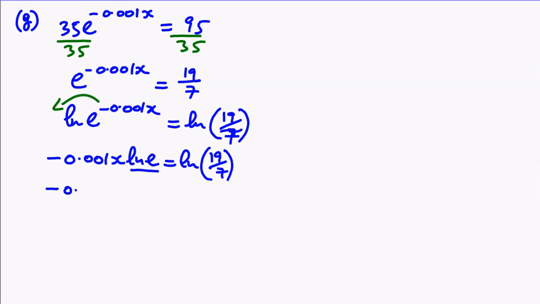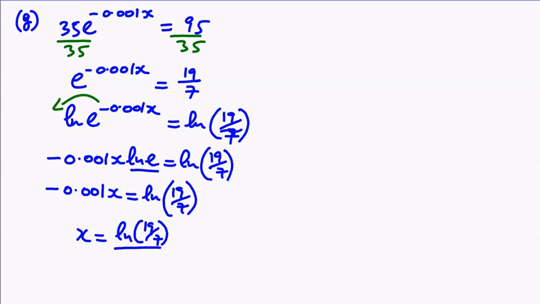So negative 0.001x is equal to ln 19 over 7. So x will be ln(19 over 7) over negative 0.001. If you plug this in your calculator, you should be able to get negative 999 to 3 significant figures.